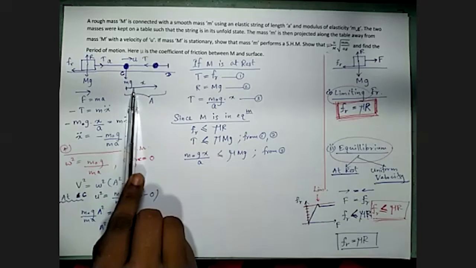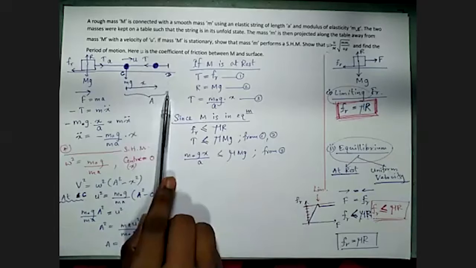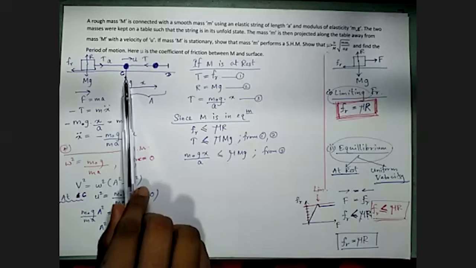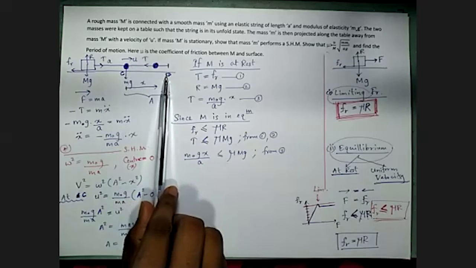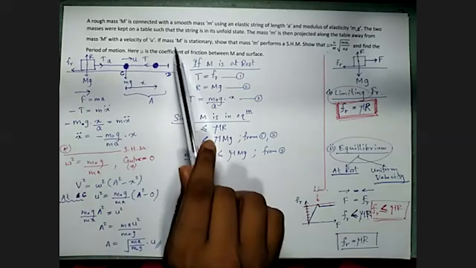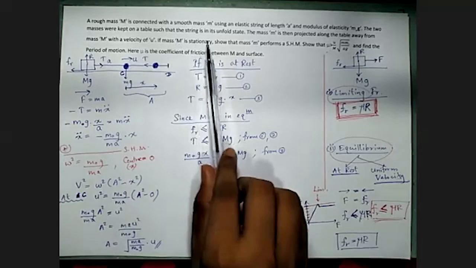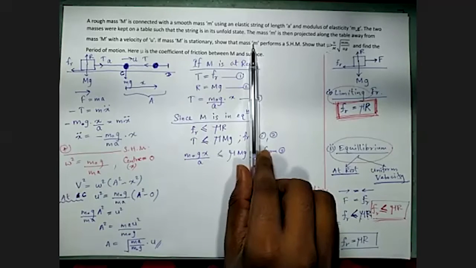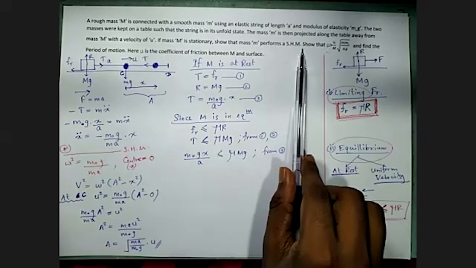This extension can go up to d because d is the amplitude. So this extension can go up to d and still mass M is stationary, because if m is stationary, small m can perform a simple harmonic motion.